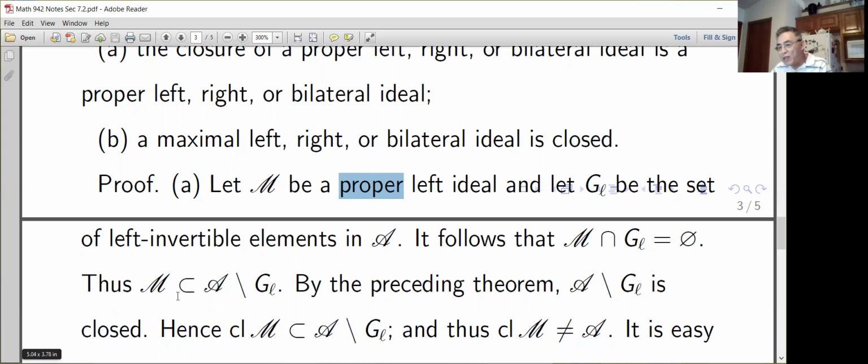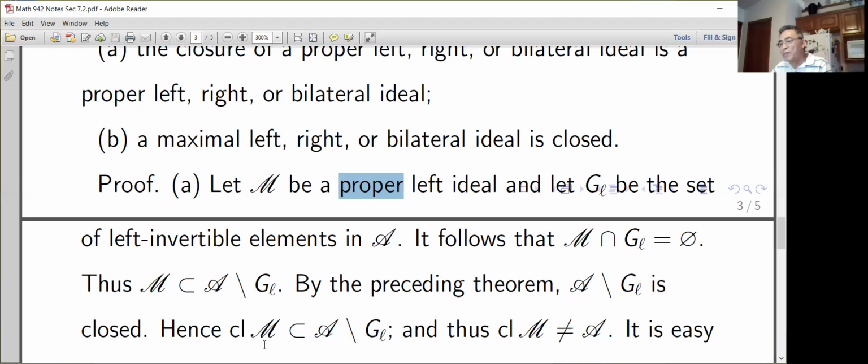Since M is included in this closed set, the closure of M also is contained in this closed set.